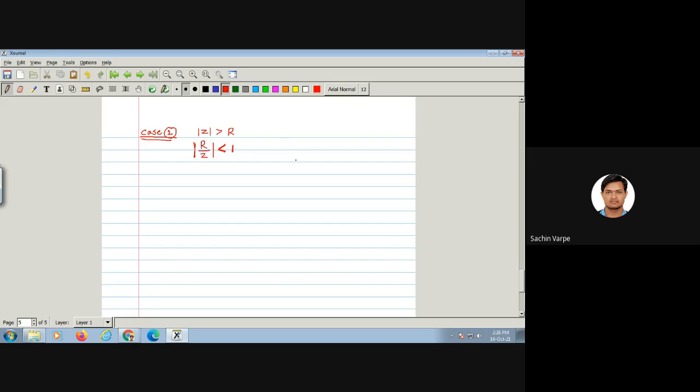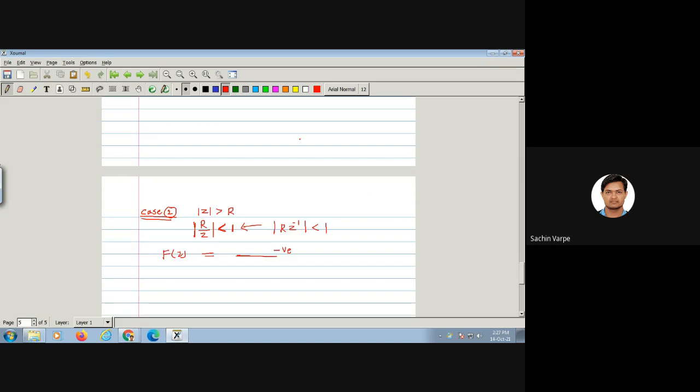Am I right? Yes, sir. So here you can see that only the power of z is negative, isn't it? Because I can write this as r z raised to minus 1, less than 1. So here itself the power of z is negative. So it means that in the expansion of f of z, we will get all the powers of z to be negative.